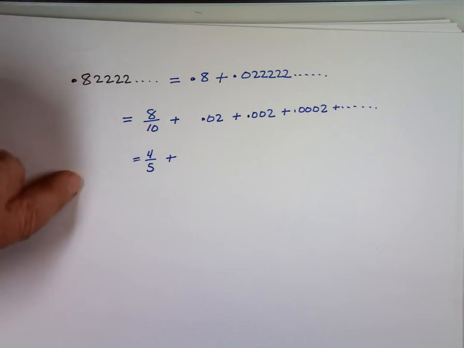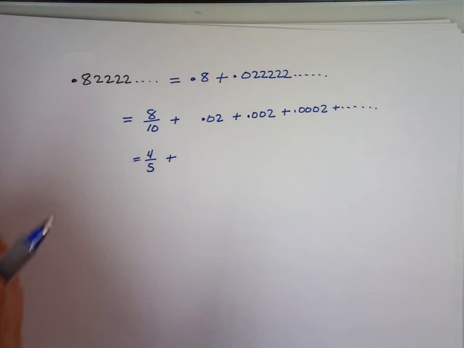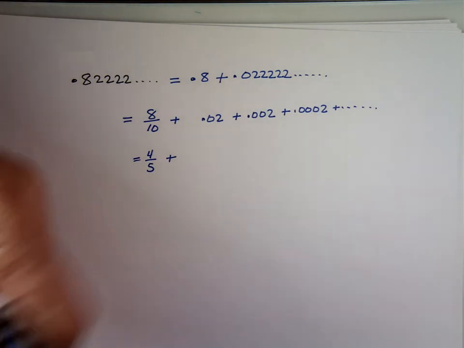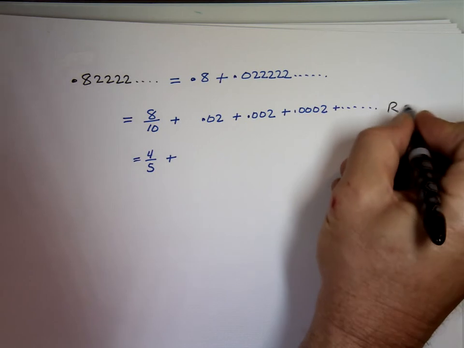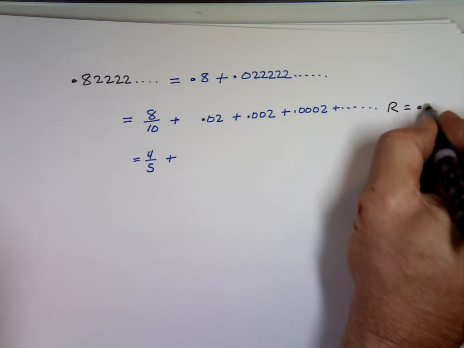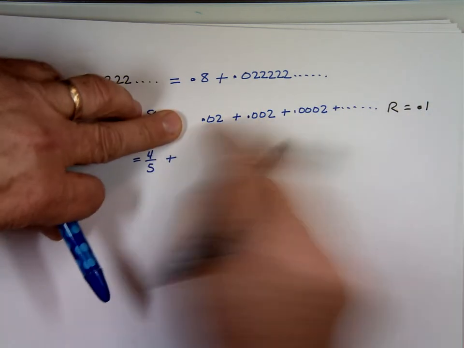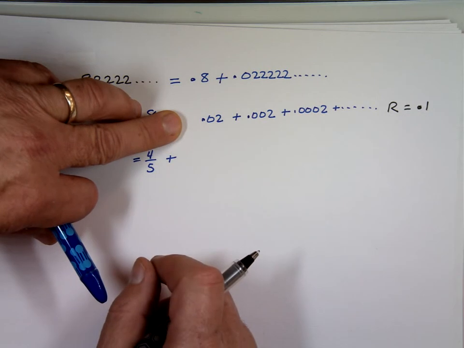Let's figure this side as a fraction, then we'll add the 2 pieces. What is r equal to here? Is it 0.1? It is 0.1. If you divide this by this, it's 0.1. If you divide this by this, it's 0.1. That's what r is, 0.1.